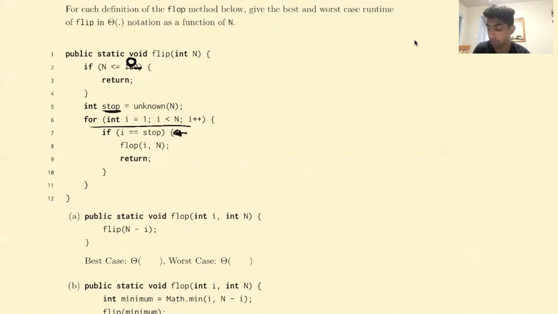So this if condition will be true for some i. What that means is that every time we call flip, if we don't go in this base case, we will always call flop and then return. It's good to understand that before we dive into these parts.